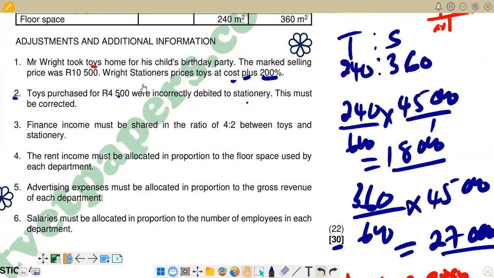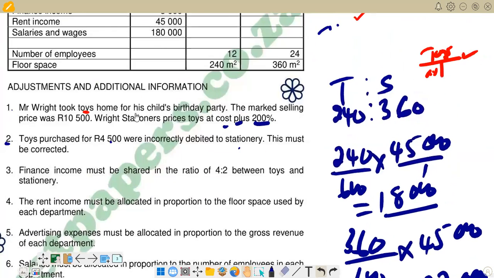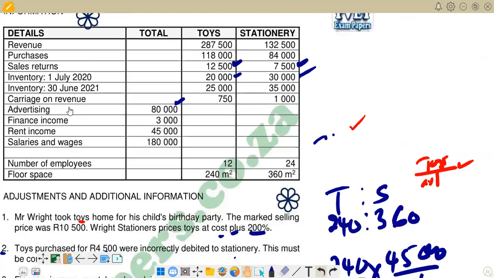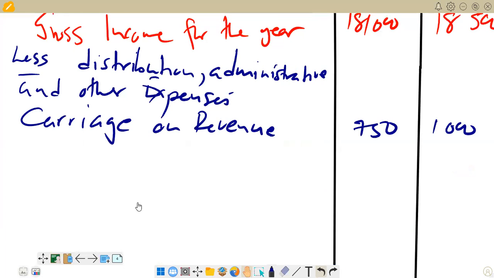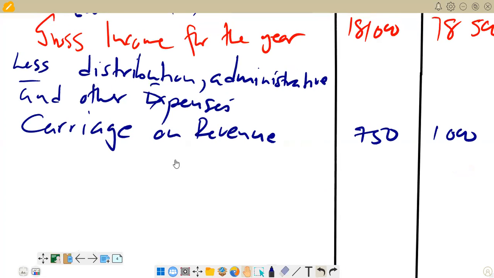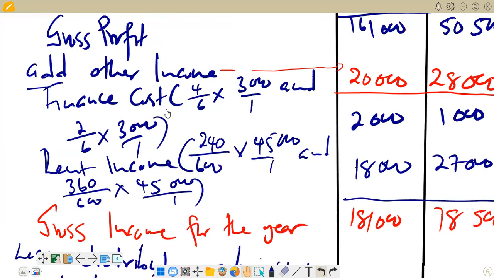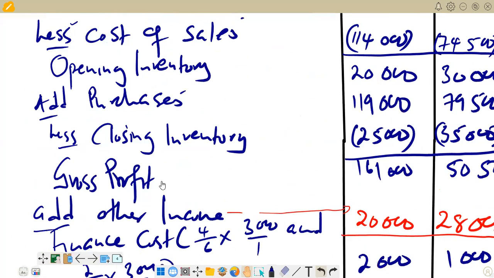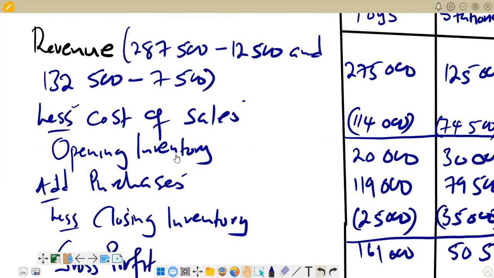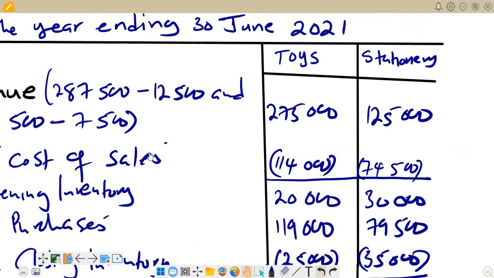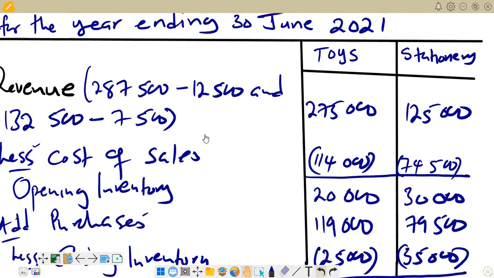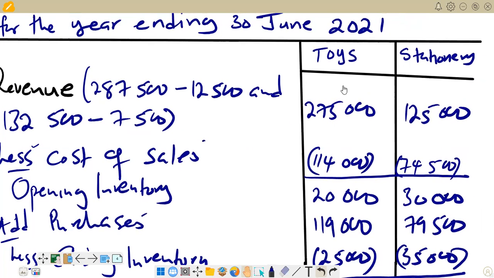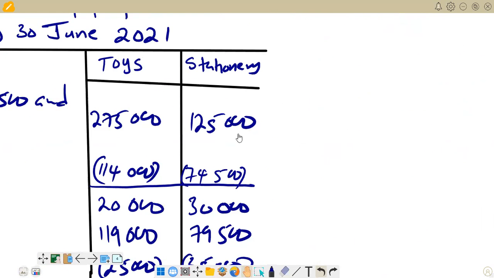So here we are saying for advertising, the figure that we have is 80,000. Then the revenue figures that we are going to use are the revenues after deducting sales returns. So we come here, you see the revenue figures that we got at the beginning, we got 275,000 for toys and 125,000 for stationery. So these are the figures that we are going to use.